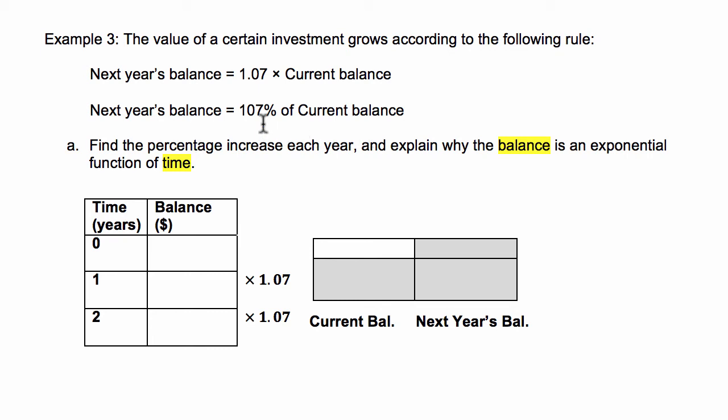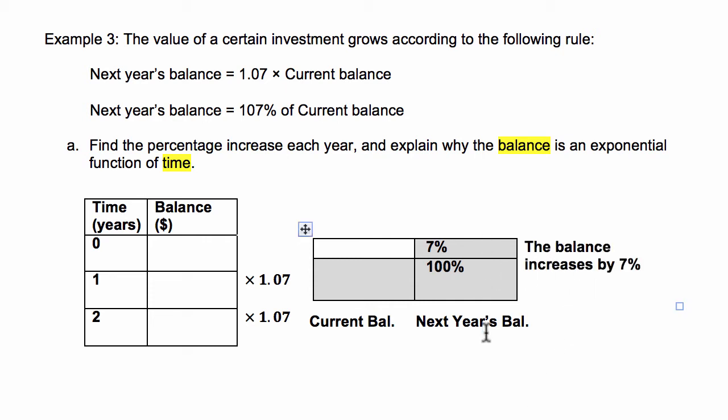Notice 107% is not the percent increase. It is simply how next year's balance compares to the current balance. We could split up 107% into 100%, the part of next year's balance that is the same as the current balance, and 7%, the part of next year's balance that is greater than the current balance. We could also write the balance increased by 7%.